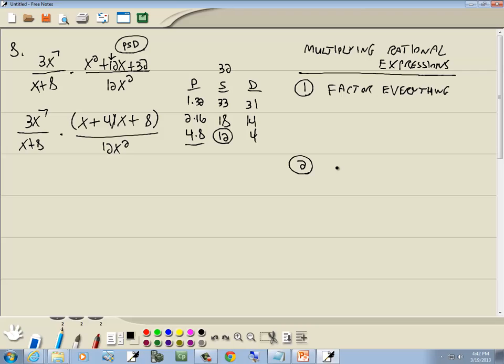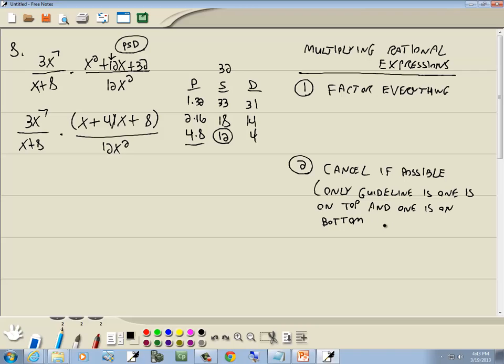Step 2, cancel if possible. And really the only guideline is 1 is on top, in the numerator, and 1 is on the bottom, the denominator.